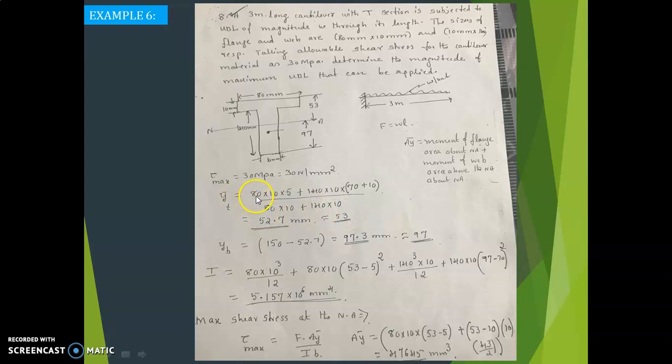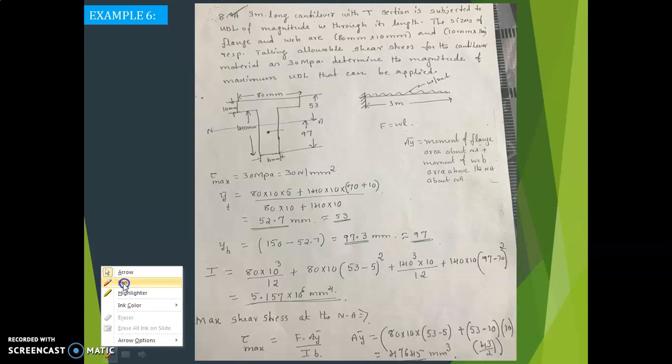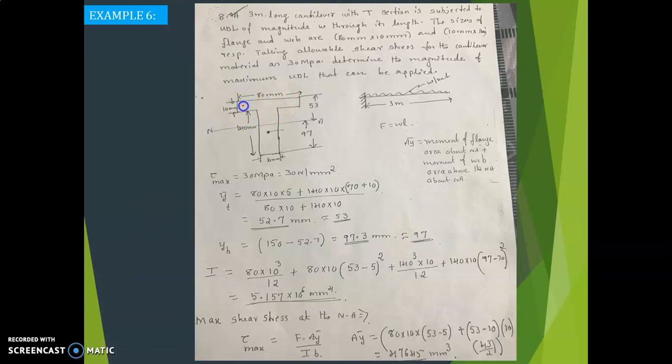So what is A1 Y1? Let us take this as section 1 and this as section 2. For 1, it is 80 into 10, into Y1. What is Y1?